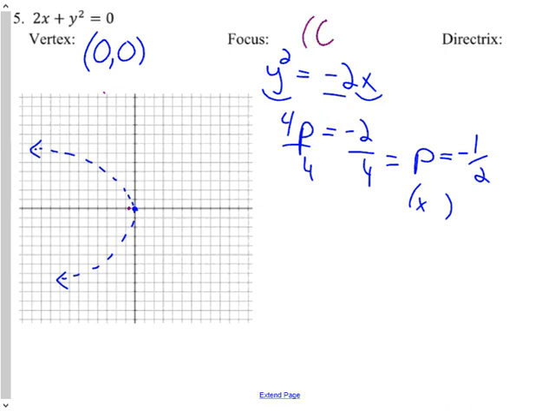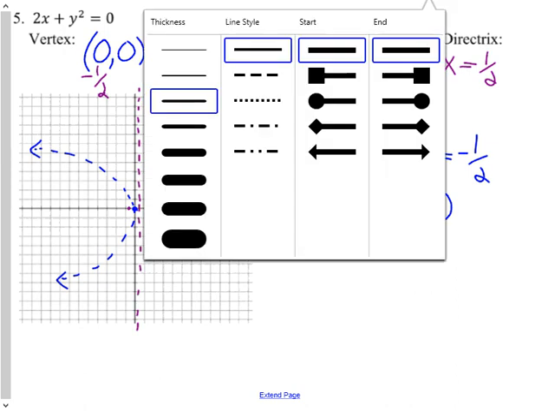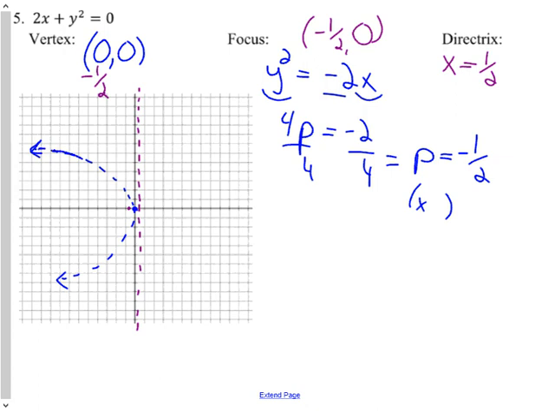And again, from 0, 0, we're moving negative half in the x direction. So my focus is negative half, 0. My directrix is going to be x equals positive half, because it's going to move half in the other direction. And completing my no more dotted line graph, and just filling it in here, there is my graph for y squared equals minus 2x.